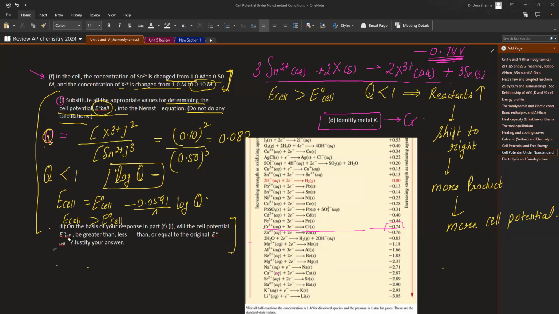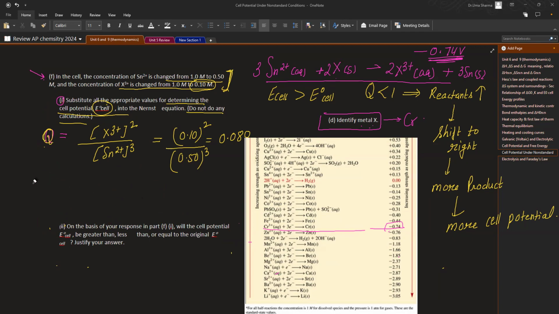Right now they are asking you to justify by using the Nernst equation, but we have justified by using the Nernst equation and by using Le Chatelier principle. Both ways we have justified it. Then what is the answer for the first part? They are just asking you to plug in the values. So we have to come back to the first part again.